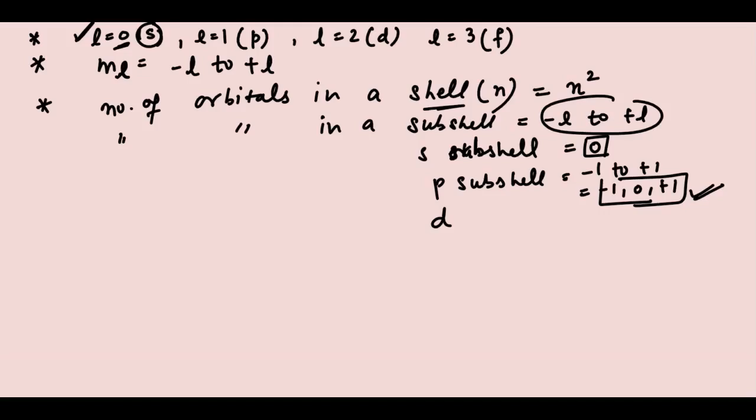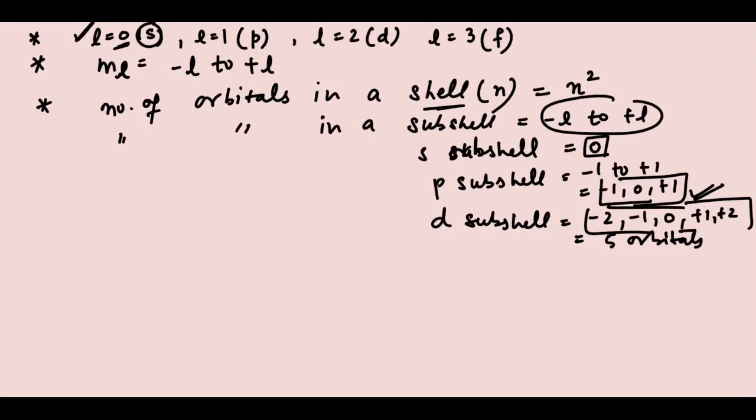Now the d subshell. For the d subshell, the value of L will vary from minus 2 to plus 2. That means minus 2, minus 1, 0, plus 1 and plus 2. So you will be having 5 values. That means there are 5 orbitals, because you can see that you are having the 5 values.